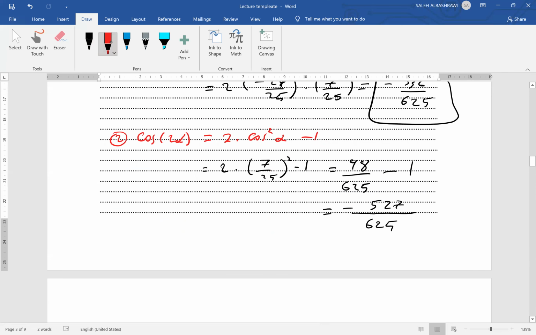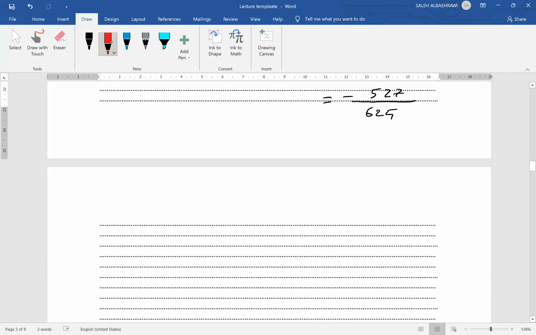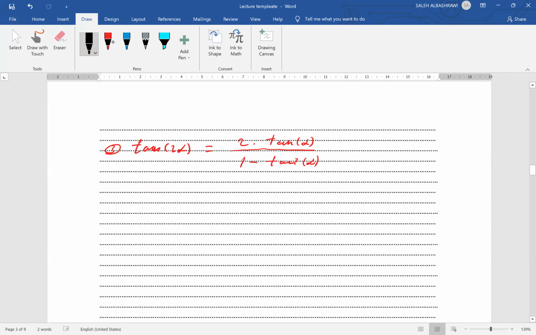Last one is the tangent. So tangent 2 alpha is equal to 2 multiplied by tangent alpha divided by 1 minus tangent square alpha. Which is equal to 2 multiplied by tangent, which is already given in the question to be minus 24 over 7, divided by 1 minus minus 24 over 7 squared.